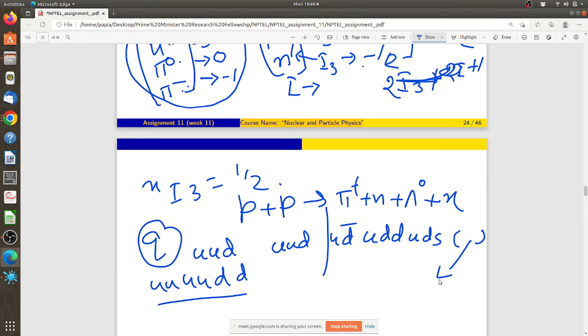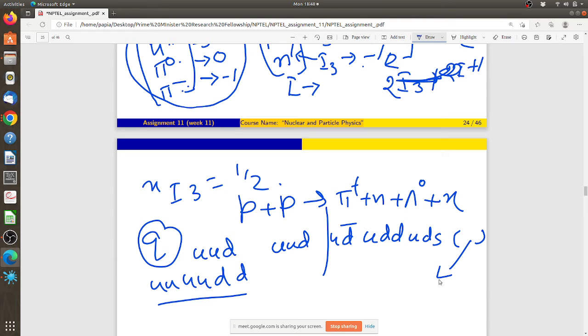Now tell me what will be the value. I got only two, up and down quark. Two quarks will be there, one will be q and one will be q bar.